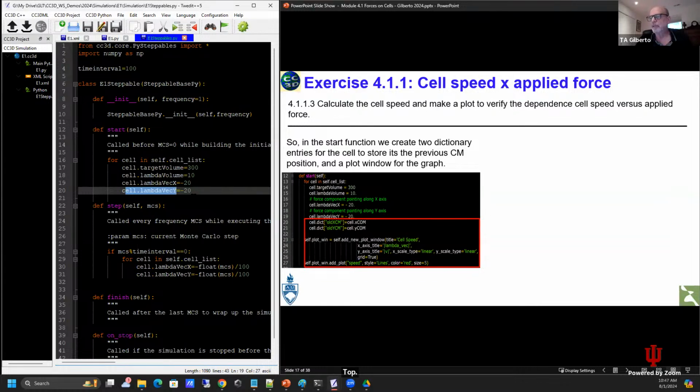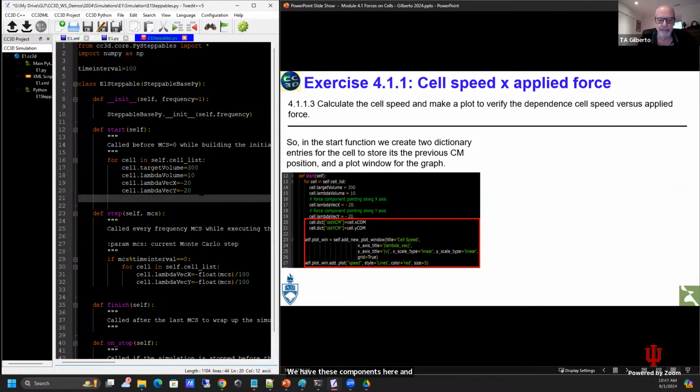We have these components here, and here I will create a dictionary entry for the cell where I will keep track of the center of mass position at this time. I will call it old, do you understand later?